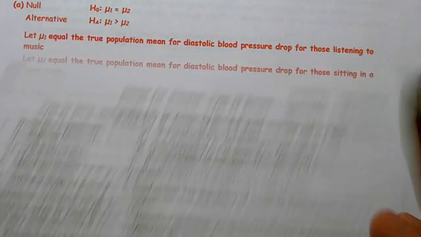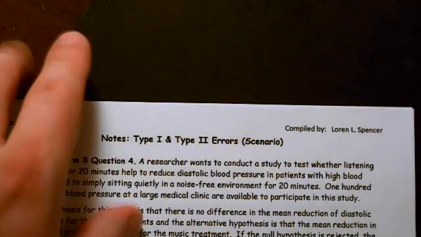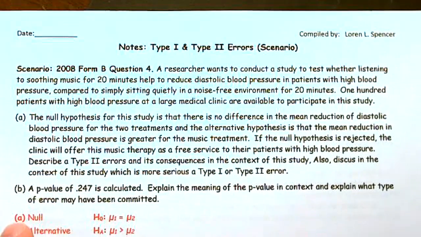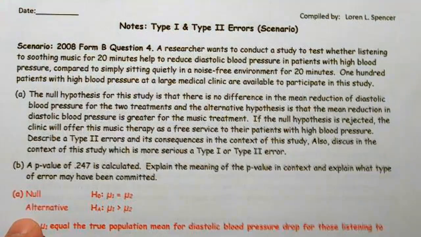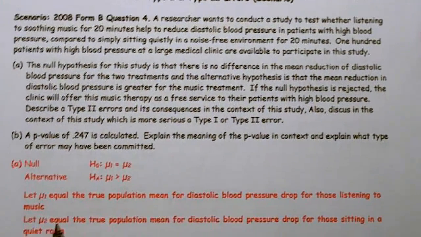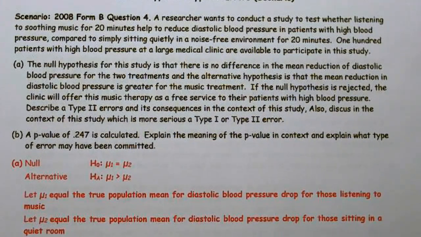So we're going back to the same music problem, but now we're looking at it from a type 2 error scenario. A researcher wants to conduct a study to test whether listening to soothing music for 20 minutes helps to reduce diastolic blood pressure in patients with high blood pressure, compared to simply sitting quietly in a noise-free environment for 20 minutes. 100 patients with high blood pressure at a large medical clinic are available to participate in the study.